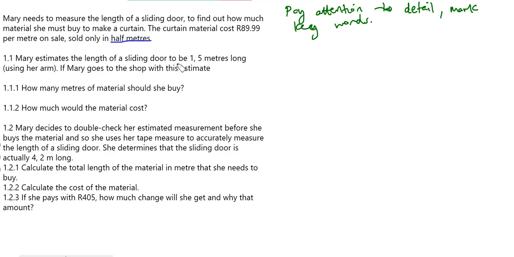So already she has an estimate of 1,5 meters. She's going to buy 1,5, because it's acceptable. So it's going to be 1,5 meters.